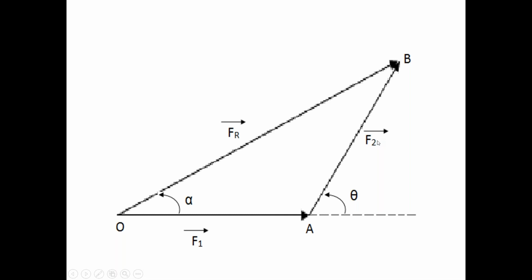Remember, when we are applying the triangle law of forces, the direction of OA is followed by the direction of AB. So check these directions. The direction of OA is continued by the direction of AB.